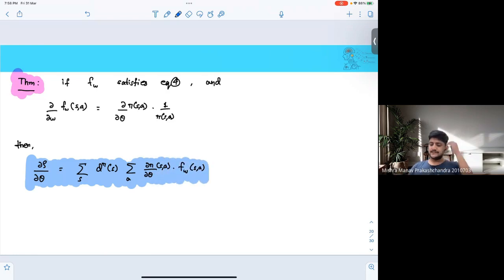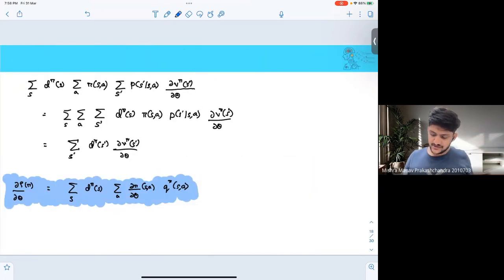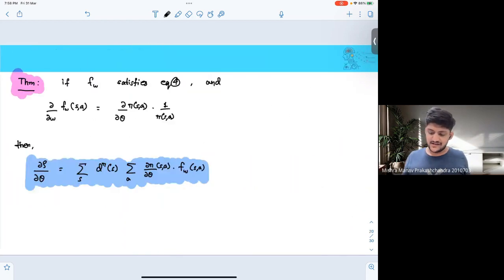But notice that in both such cases, the only difference is the representation of the q pi. So here, instead of having the original q pi from the lookup table that we get, we have successfully been able to approximate it by the function fw s comma a, by making sure that my dou f by dou w is this equation and that fw satisfies this quantity.